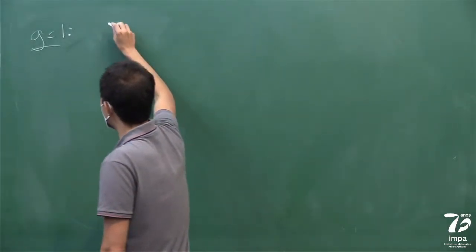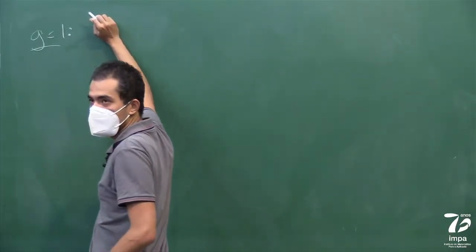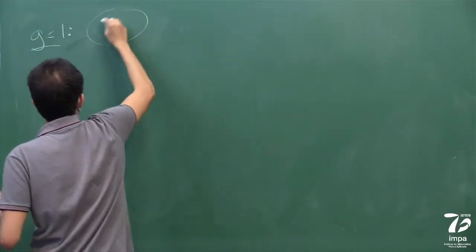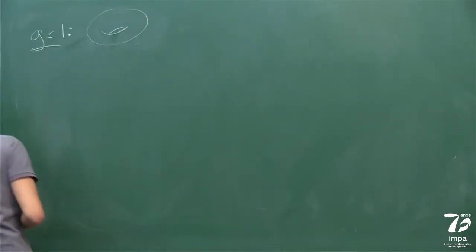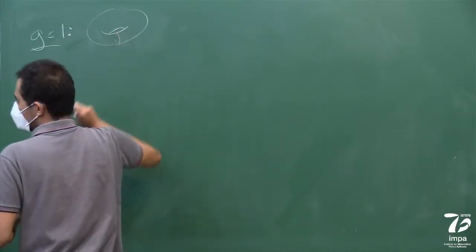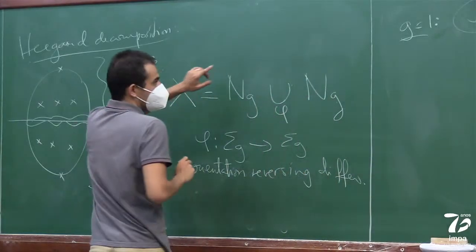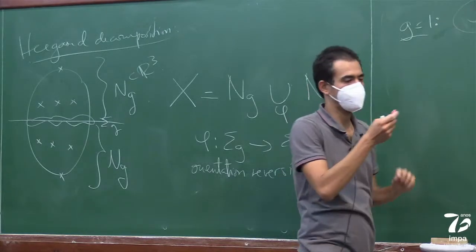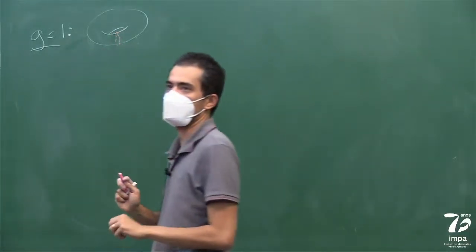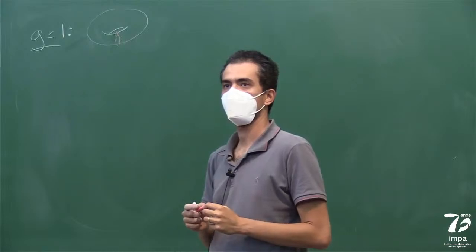You can always pick the alpha to be your standard. When you choose this NG to be the standard thing, that means the alpha is this standard, contractible curve inside of the solid torus.